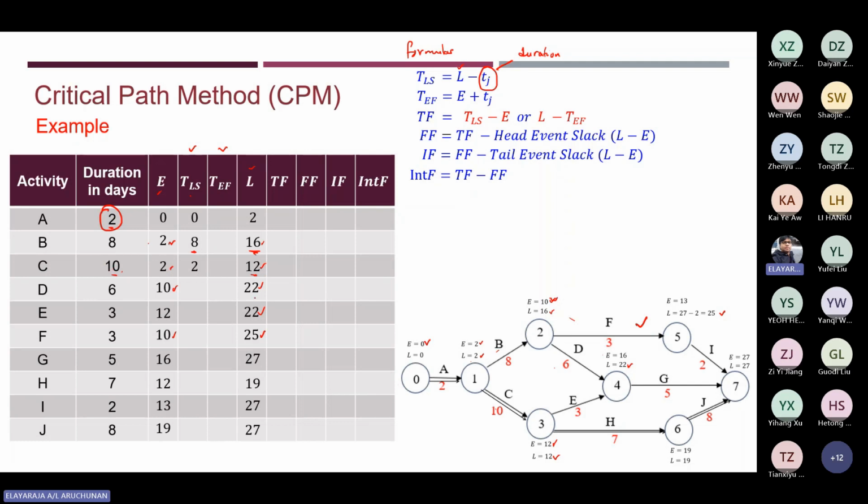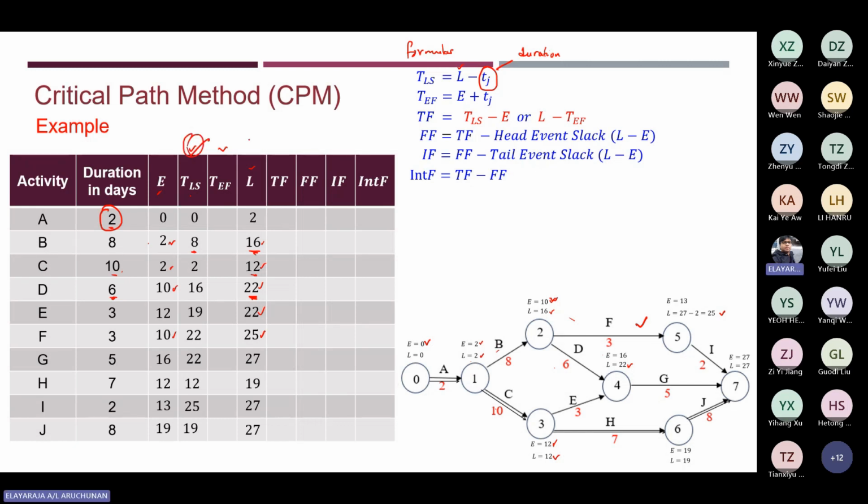And again for activity D, the latest finishing time is 22, minus the duration, which is 6 days, and you get 16. Likewise, you get all of them. Take the latest finishing time, subtract the duration, and you get all the values of the latest starting time.